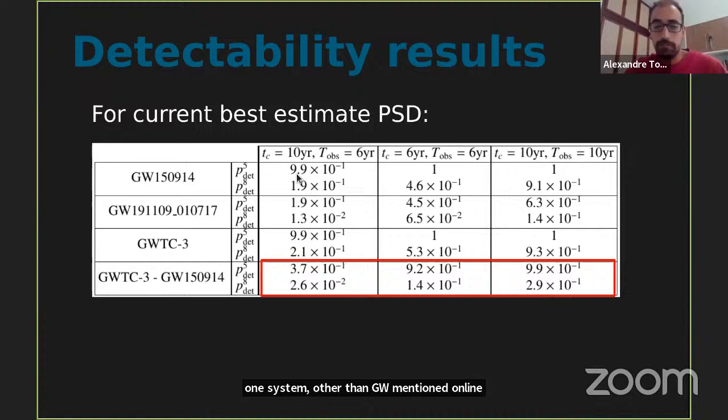An important remark is that in each of the columns, I am assuming here that all the events are detected exactly at the same time before coalescence and observed for the same period, which certainly won't be the case. So you could see the leftmost column as the pessimistic case and the rightmost as an optimistic case, and take them as lower and higher values.